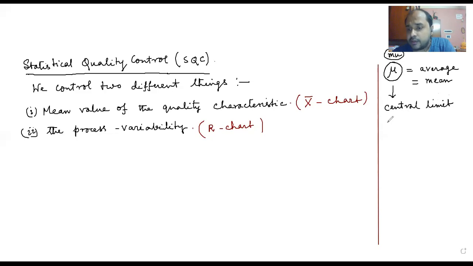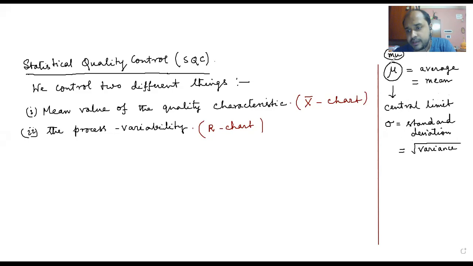How do we calculate the values? If sigma is the standard deviation, which we know is nothing but the square root of variance. All these terms have been discussed in the last class.